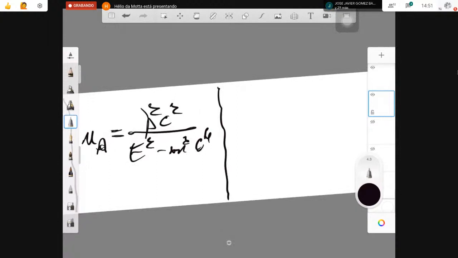Remember, there's a very important expression to know: E squared minus m squared c to the fourth equals p squared c squared.